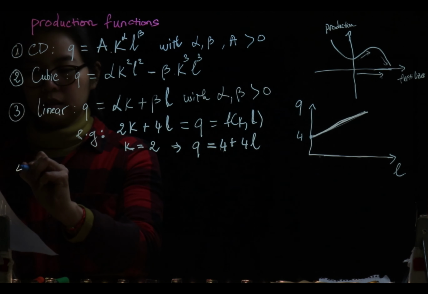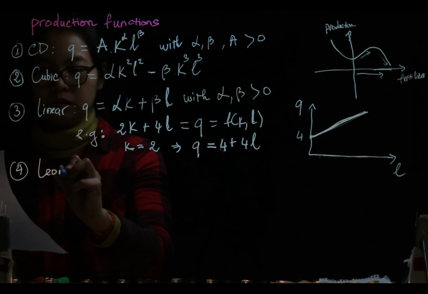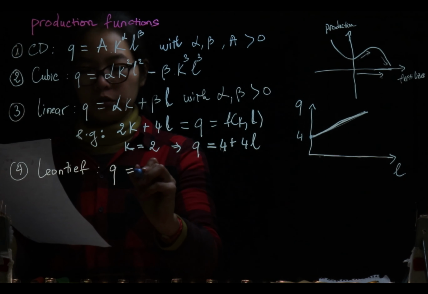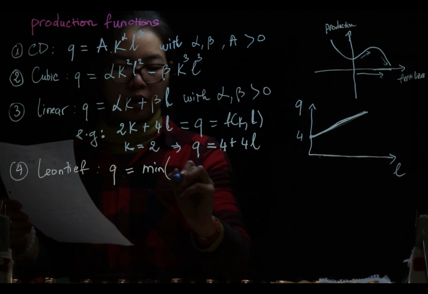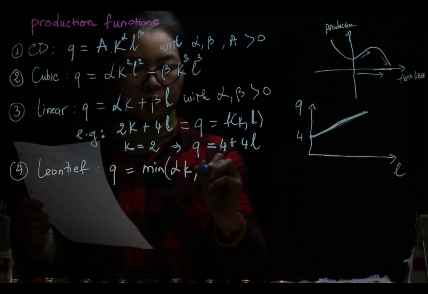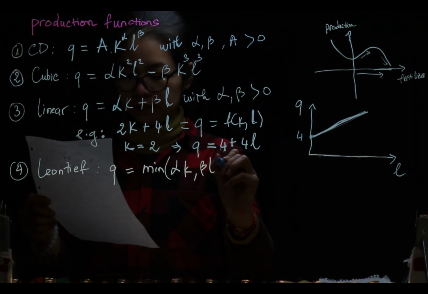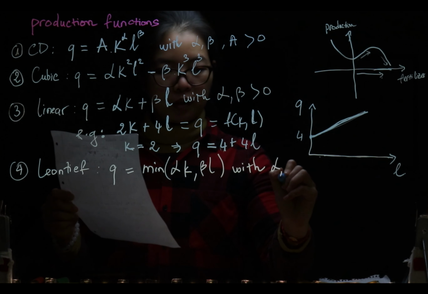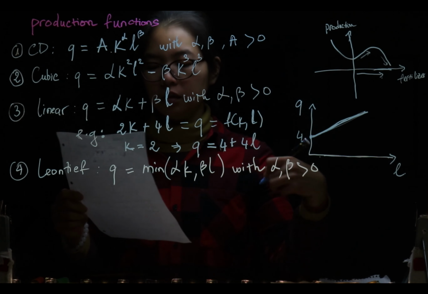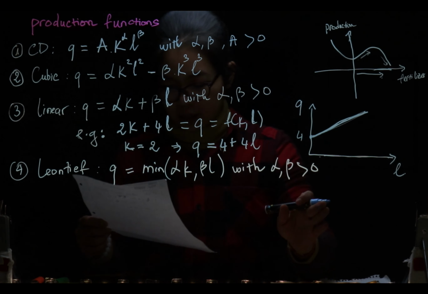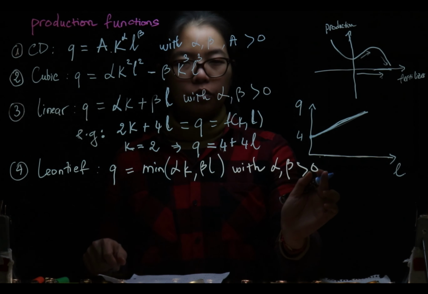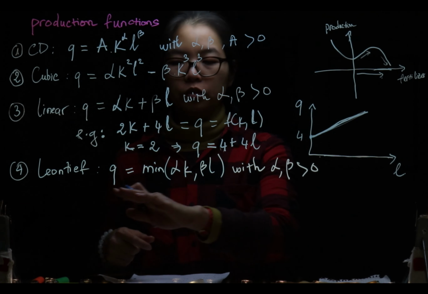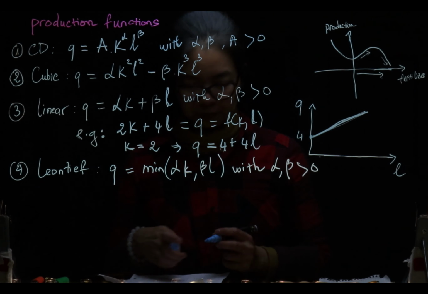The next case is the Leontief, which has the form Q equals min of alpha K and beta L, with alpha and beta larger than 0. So how to think about this Leontief production function?